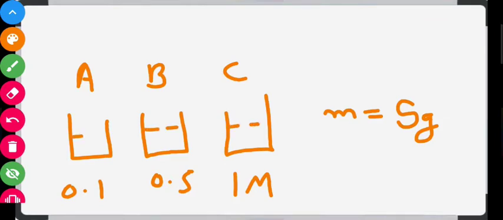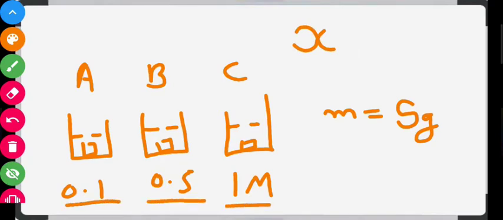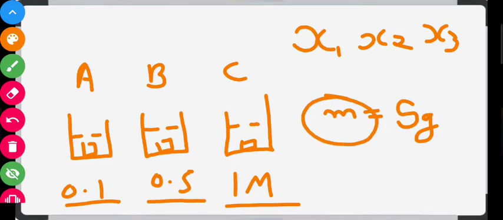The added charcoal will adsorb some amount of acetic acid, and the final resulting solution after adsorption will give us the value of x at a different concentration. That means at 0.1, 0.5 or 1 molar concentration, we will get x1, x2 and x3 values. The m value will be fixed in all of these cases, and the initial concentrations represent the value of C.